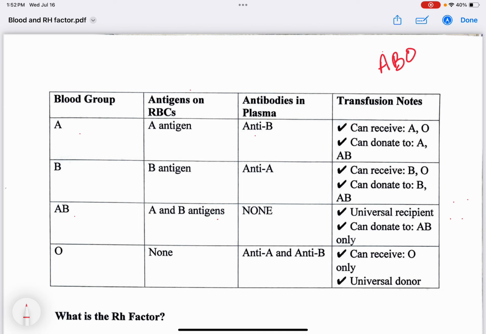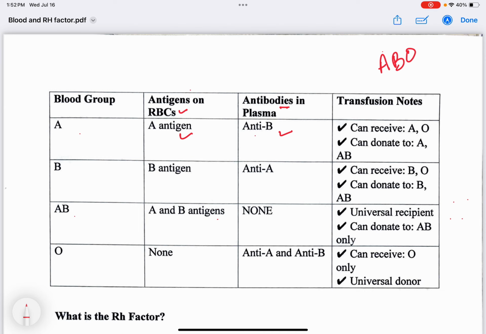So let's talk about blood group A. If a red blood cell has A antigen on it, it has antibodies against blood group B. So if you accidentally transfuse blood group B, the antibodies in group A would attack this transfusion and cause a lot of problems.